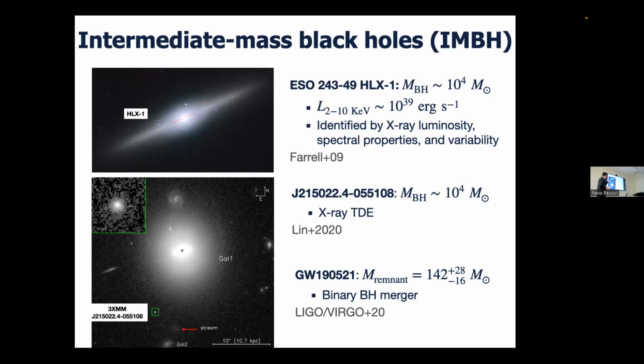There are a lot of these HLX sources out there, by the way, and most of them are probably super Eddington accreting neutron stars or something like that. And that's true. But this source has some other interesting properties from its SED and its variability that seem to be consistent with an IMBH. But I think maybe the jury's still out, but that's an interesting source.